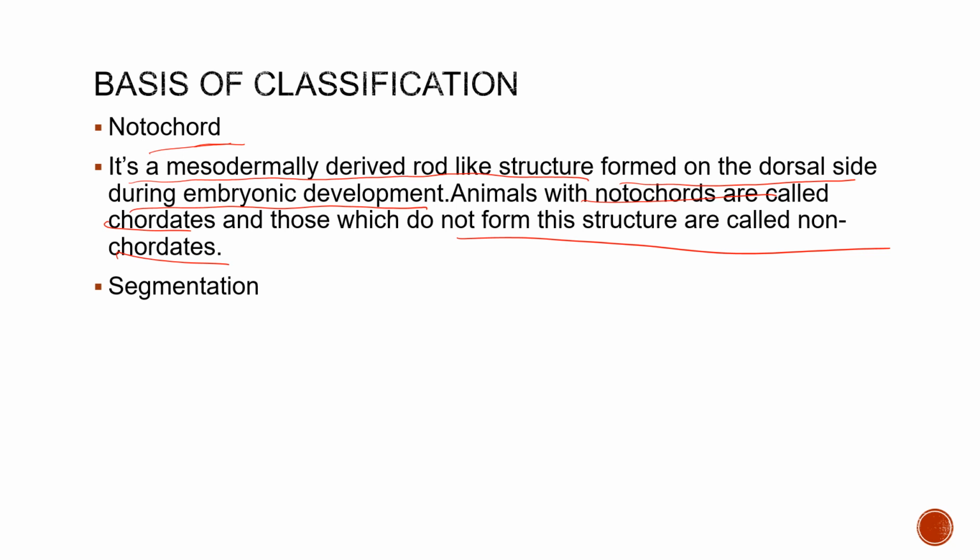Next comes segmentation. You will read this in detail in 11th standard when you study classification. The body is externally and internally divided into several segments, with a serial repetition of organs. For example, in the earthworm we can see the visible segments of the body. This phenomenon is called metamerism.